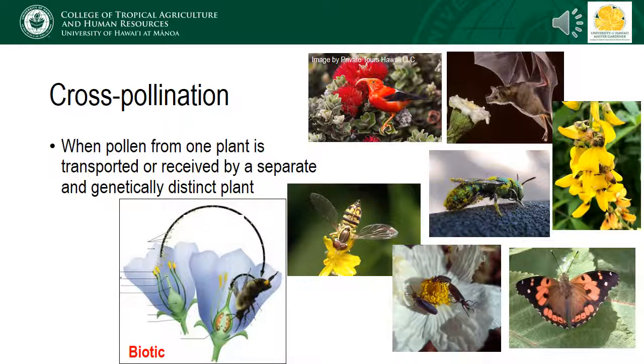Biotic agents of cross-pollination include birds, bats, honeybees, solitary bees, pollinating flies, beetles, and butterflies. In Hawaii, flowers evolved in the absence of many insect pollinators, including social hymenopterans, which include honeybees and bumblebees.